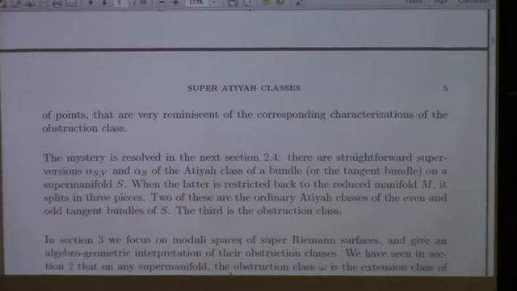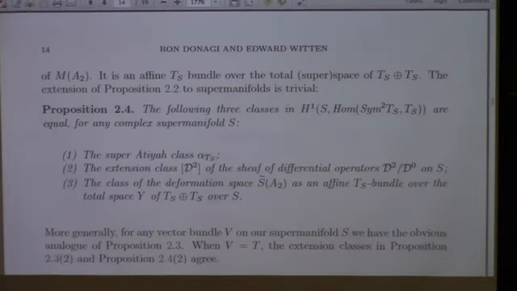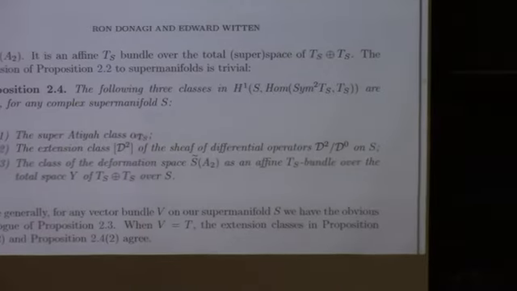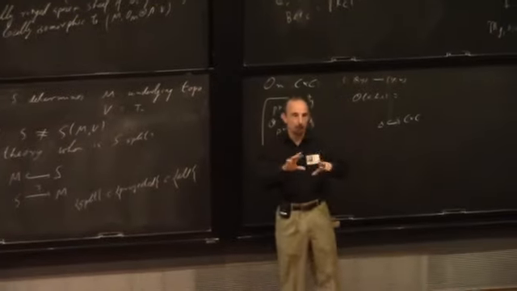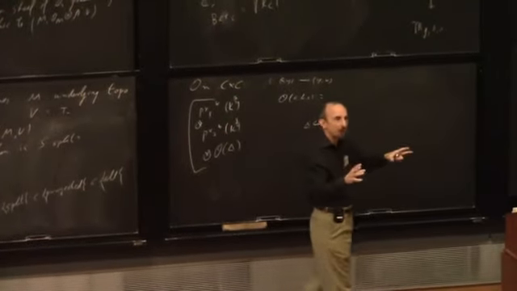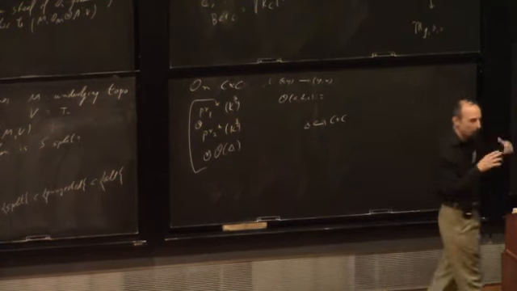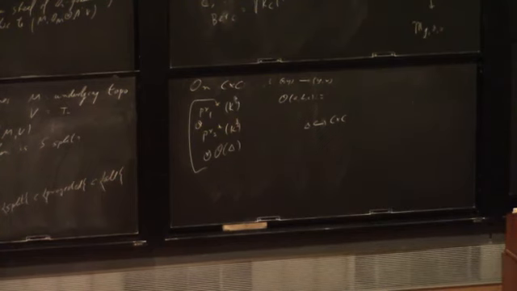And what we show is the result about the super-Atiyah class. The answer is there is a thing called the super-Atiyah class. So given a supermanifold and a super-bundle on it, you can define its super-Atiyah class. So I've just added super-derivative, that's pretty boring.